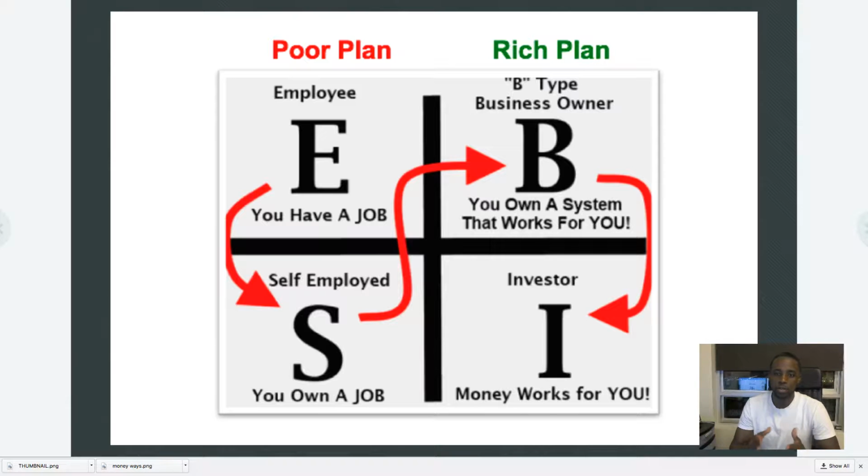The second person went to the water, and it took a long time for him, but he eventually built a pipeline that directly brings the water from the lake to the village. So now he built a system that's working for him. He doesn't have to go down there and work.